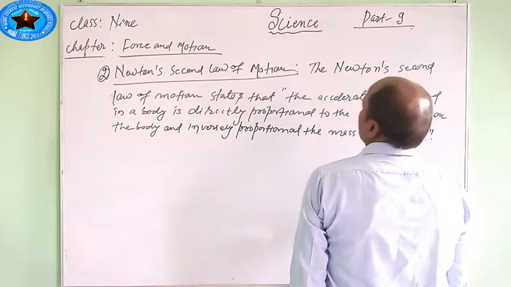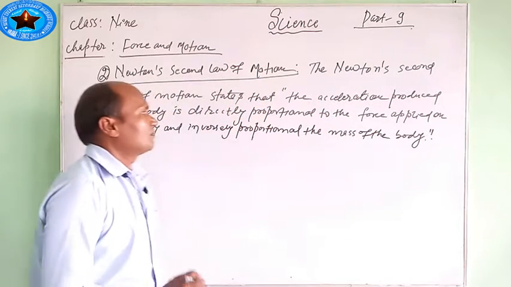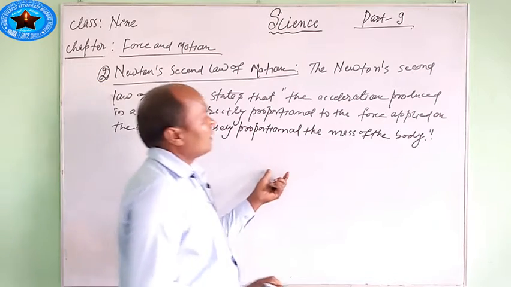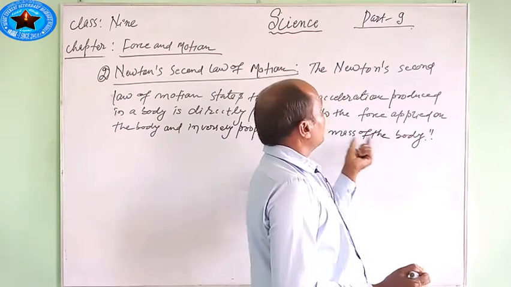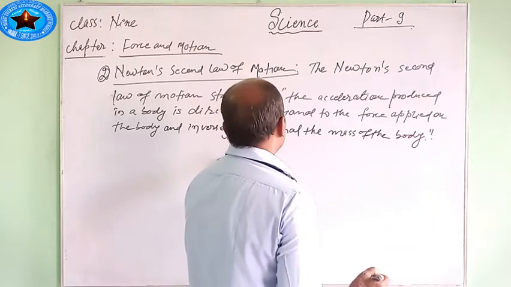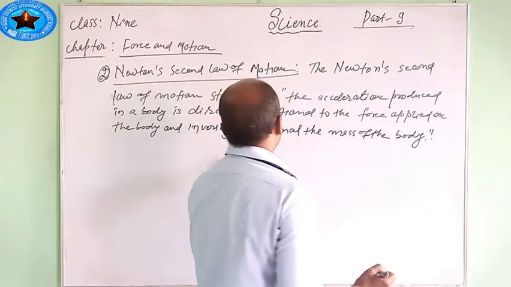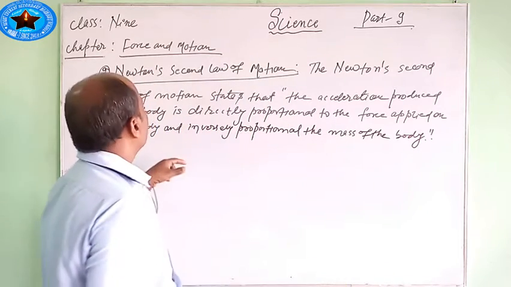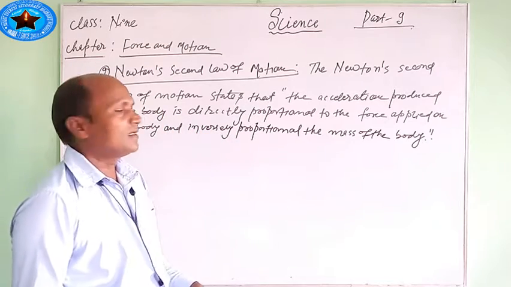Here, this is the second law of motion. It means that if there is more mass, less acceleration is produced. If there is more force, more acceleration is produced.